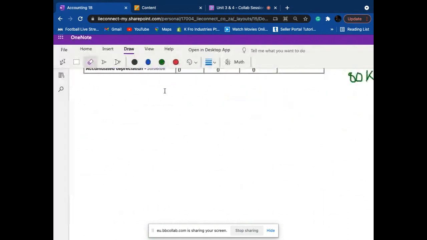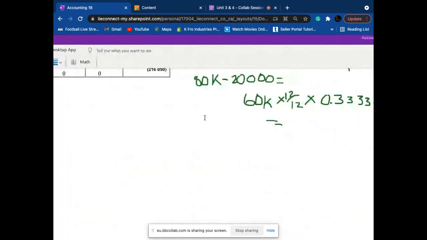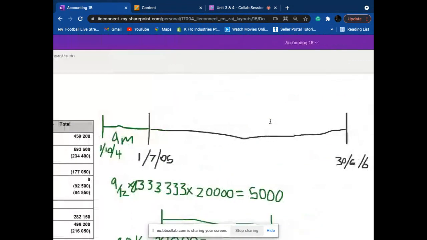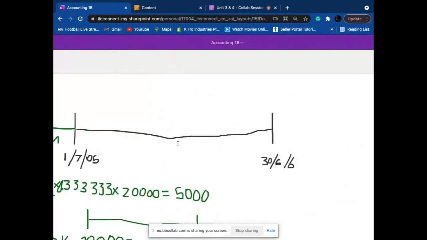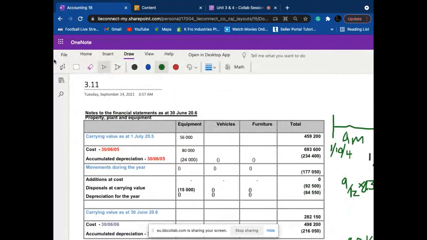Okay, so what do we get here? 60,000. We get 20,000 on the dot. That is more familiar. Okay. So can you see now, in terms of equipment, the depreciation that we had for the financial year that we're looking at from 1 July to 30 June 2006 is then that 20,000 that we just calculated.